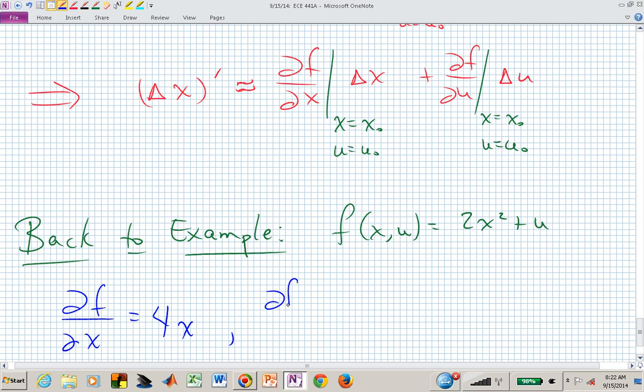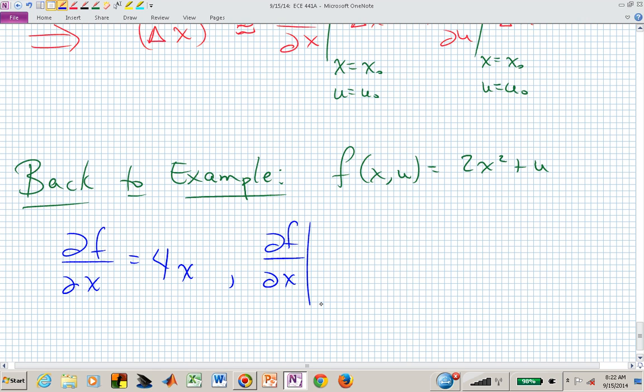Now, if I take that result and I evaluate it when x is equal to x naught and u is equal to u naught, because in general I might have both x's and u's present after differentiating that. X naught was 1 and u naught was minus 2.